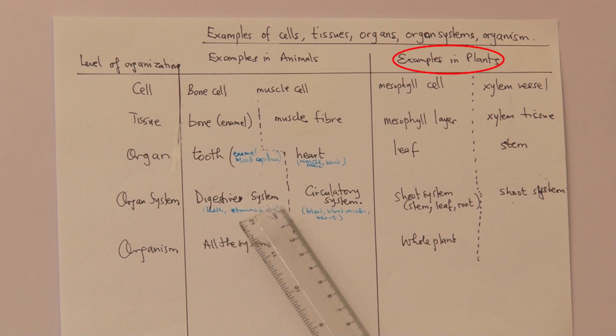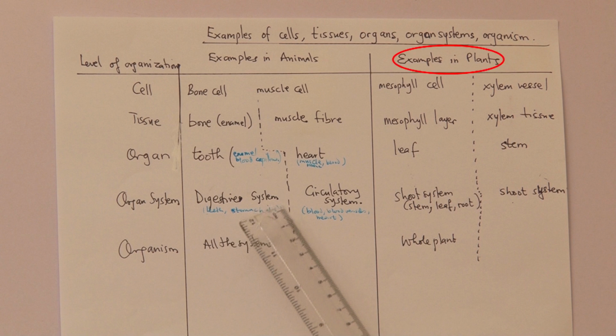The same thing you can have in plants. You have mesophyll cell, you have a mesophyll layer, talking about the leaf, right, as an organ. Then organ system, you have leaf, stem, roots, shoots as an organ system. You have a cell, the xylem is a cell, but the whole xylem is a tissue. Then others come in and you have a stem, which is an organ, all the tissues put together.